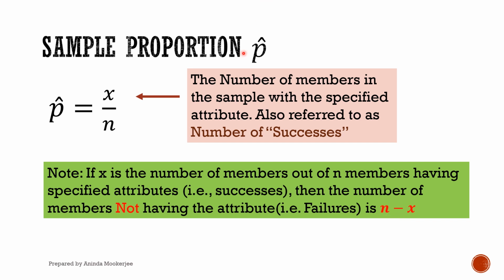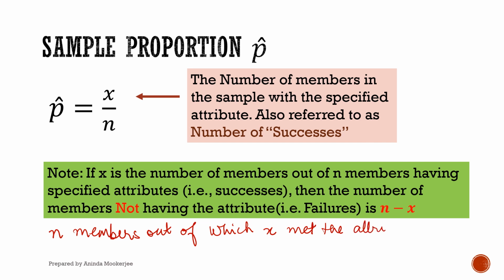So we have a total of n members, out of which x met the attribute, correct? X number met the attribute. So to find out how many did not meet the attribute, all you have to do is n minus x, correct?